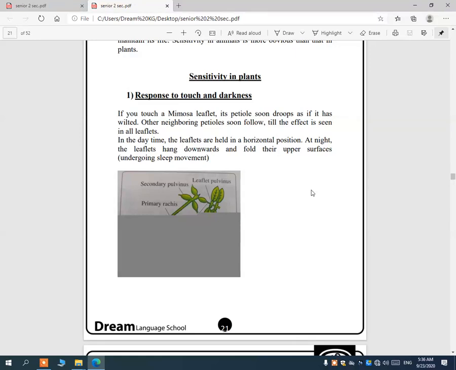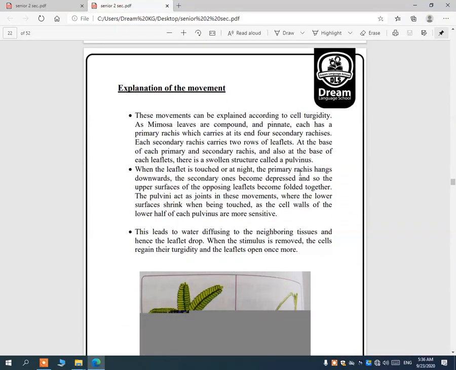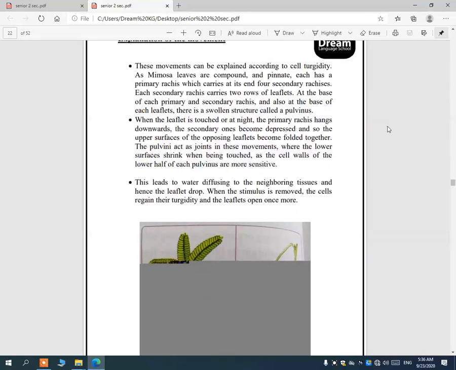In the daylight, the leaflets are held in a horizontal position, and at night the leaflets hang downward, undergoing these movements. Explanation of this movement: it can be explained according to cell turgidity.